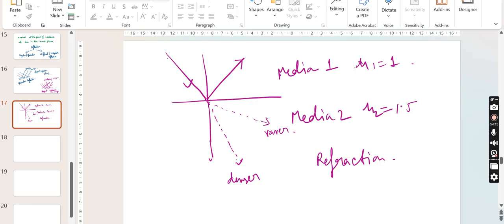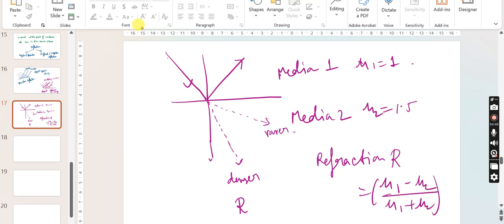And the Fresnel's reflection coefficient, I should only say reflection coefficient, the formula is given by R is equal to (mu1 minus mu2) by (mu1 plus mu2), whole square.